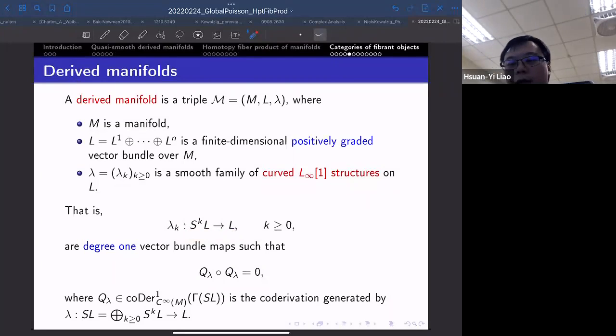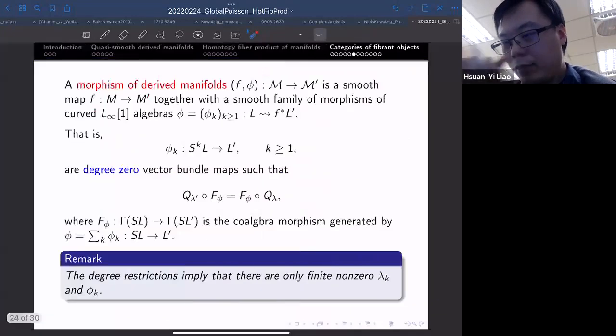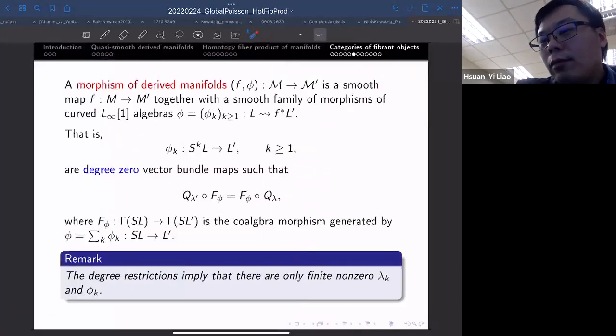By that I mean you can use this lambda k to generate a co-derivation, and this co-derivation is called homological. That means Q squared is equal to 0, as this is the L-infinity axiom. And the morphism of derived manifolds now becomes a morphism of curved L-infinity algebras.